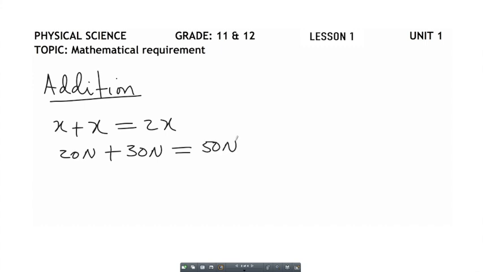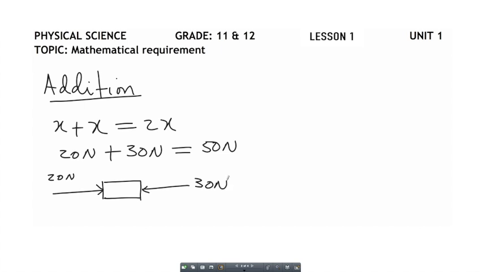So by implication, this means we need to understand that we can only add like terms. If we use the same example, it will make our life easier in a sense that we can also change the scenario to a very simple example of a brick, quite common, such that on this brick you exert a force of 20 Newton on the left side, and then on the right side you exert a force of, say, 30 Newton.